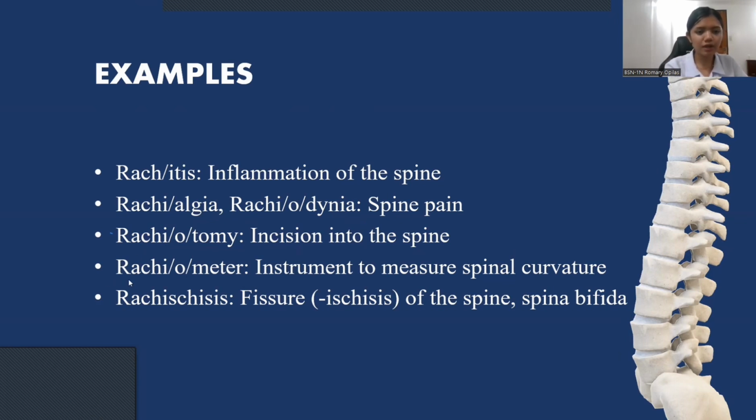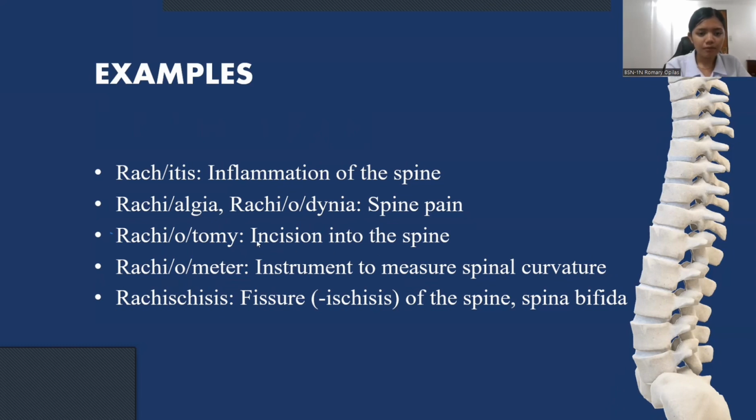So next is the rachiometer. Sa rachiometer naman, meter is the instrument to measure. So ito yung instrument for measuring. If we combine it together, rachiometer means instrument to measure spinal curvature.